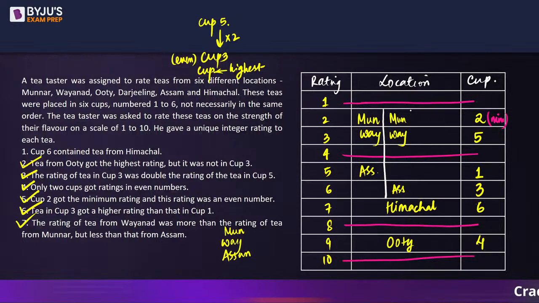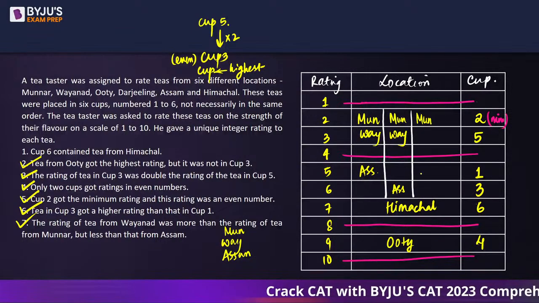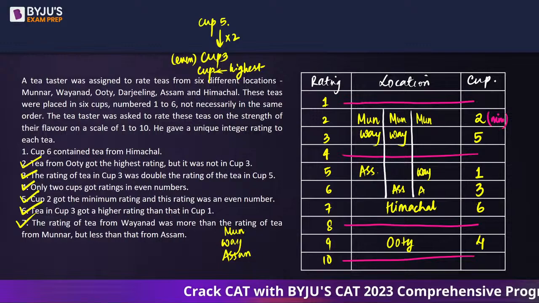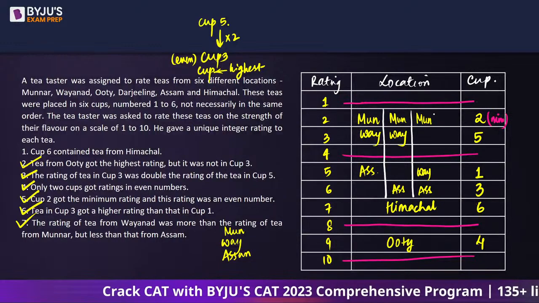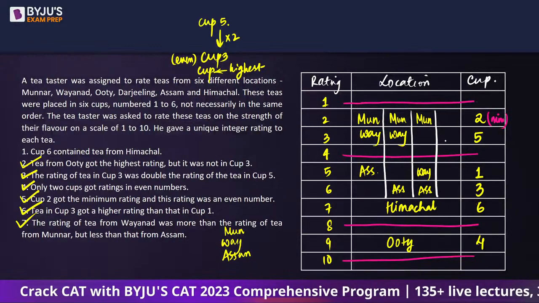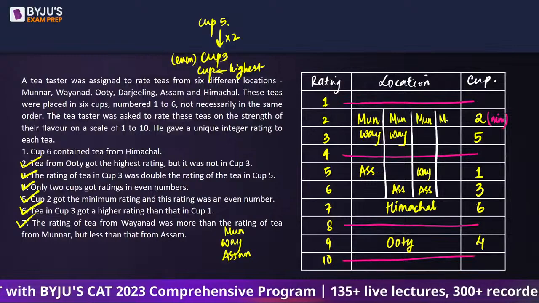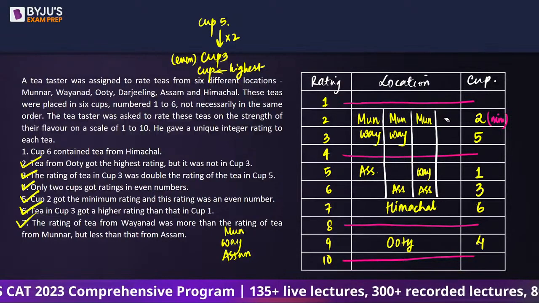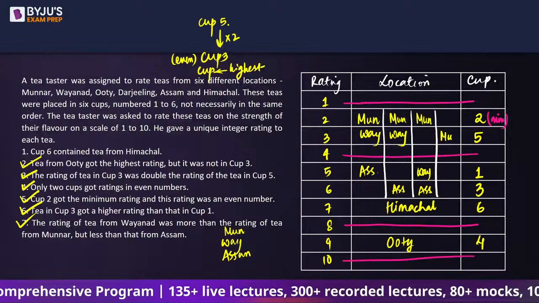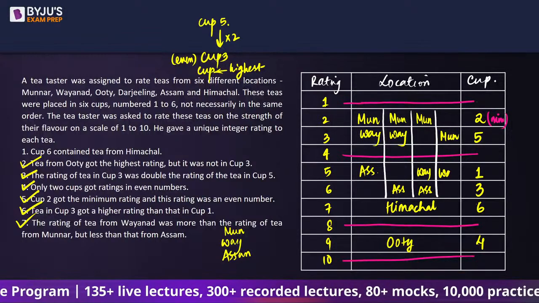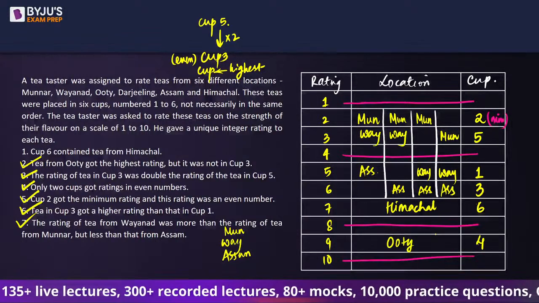Okay, looks like more than 3. The next possibility is we have Munnar here, Wayanad here, and Assam here. And the 4th possibility is Munnar at the next location now, because all the Munnar 2 is done. Munnar, this is going to be Wayanad, and this is going to be Assam.